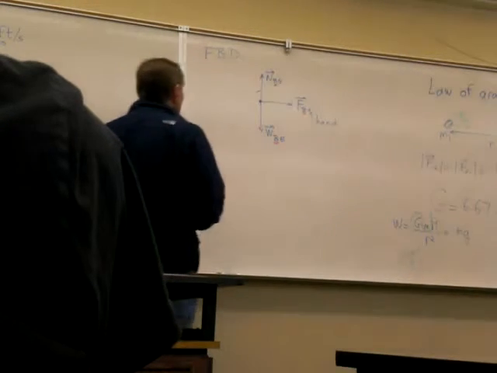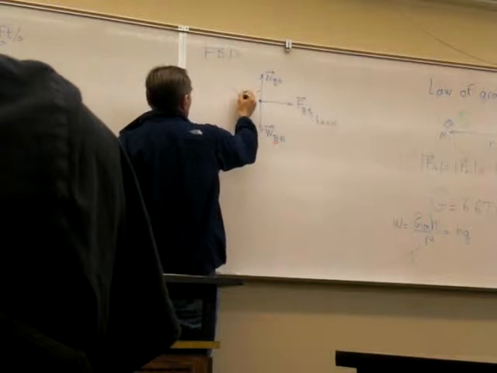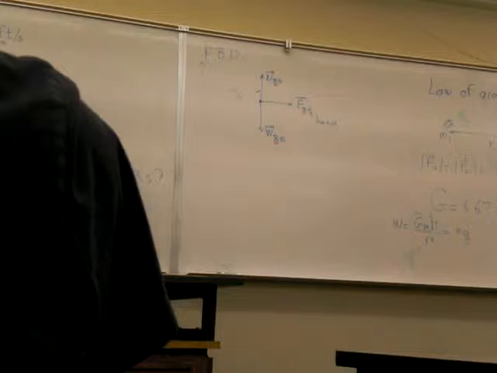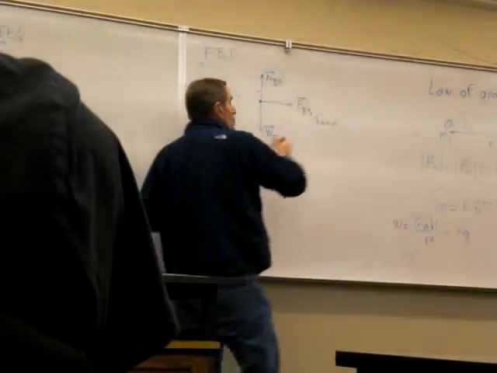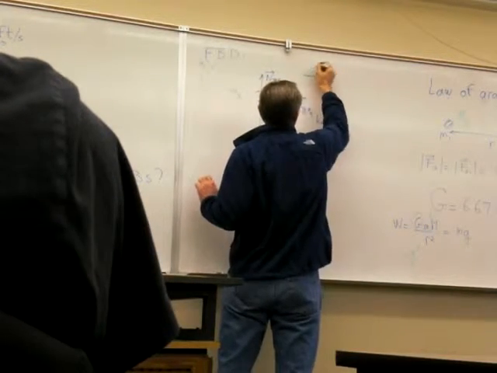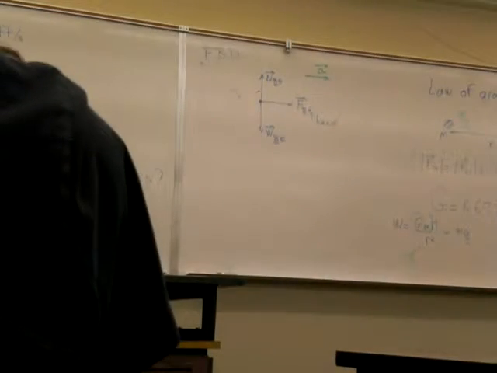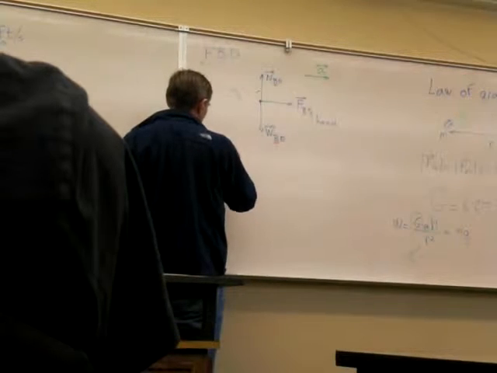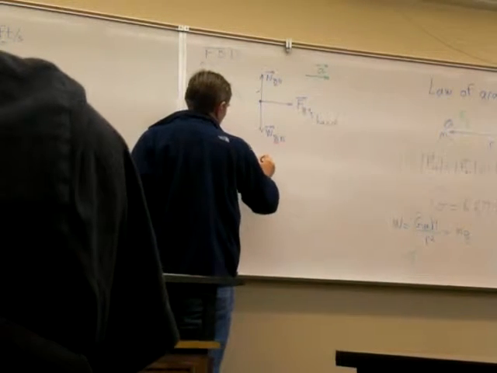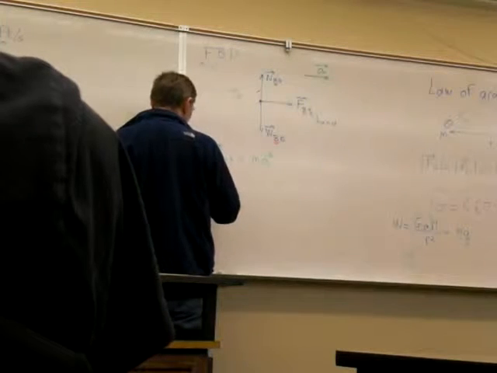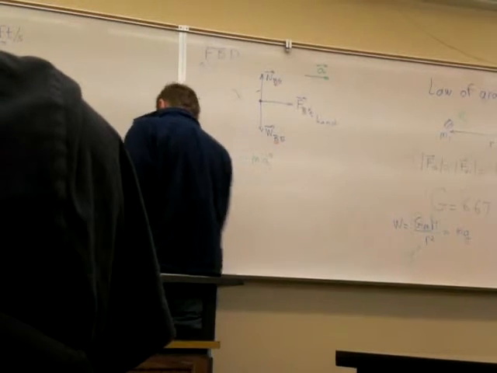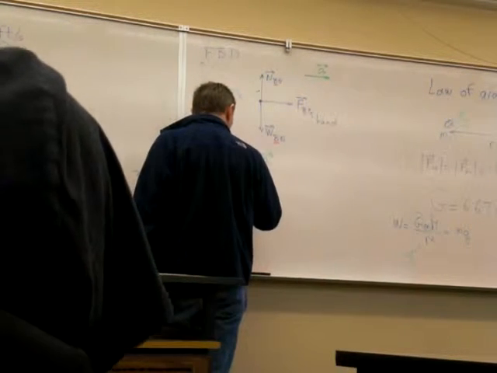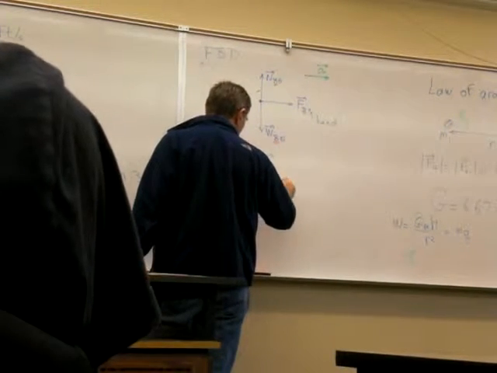Okay, so using an x-axis and a y-axis, we know the motion is along the horizontal, so we have a in that direction. If I say F net equals ma and look at the x component, this is what matters here.